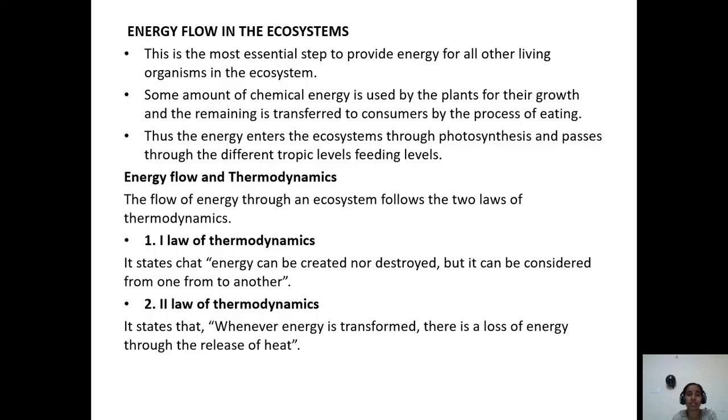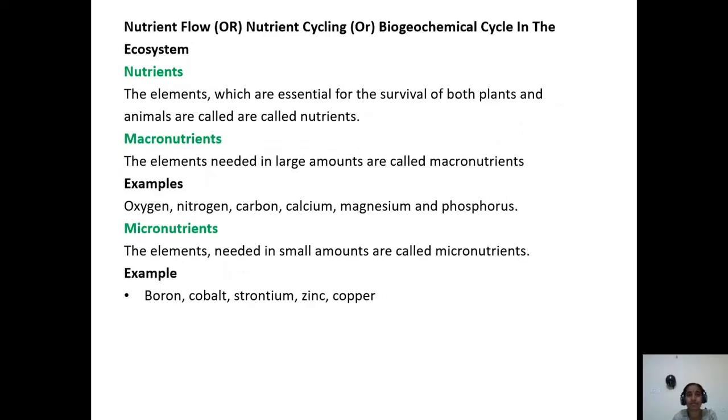The first law of thermodynamics states that energy is neither created nor destroyed. The second law of thermodynamics states that whenever energy is transformed, there is a loss of energy through the release of heat. So these two laws are applicable to the energy flow in an ecosystem.